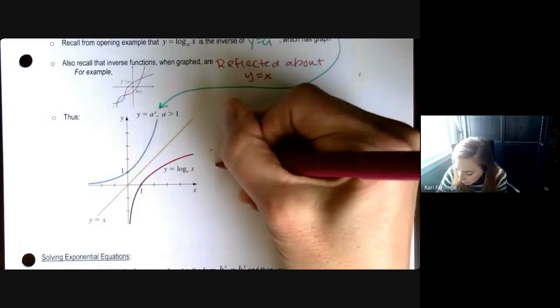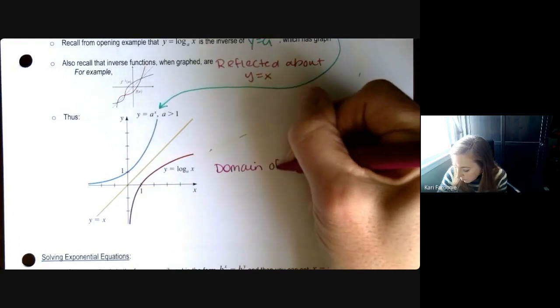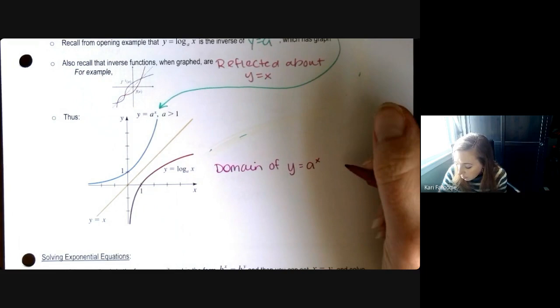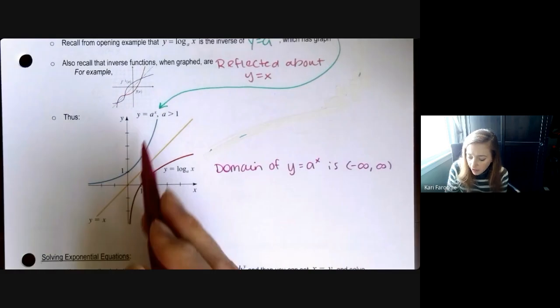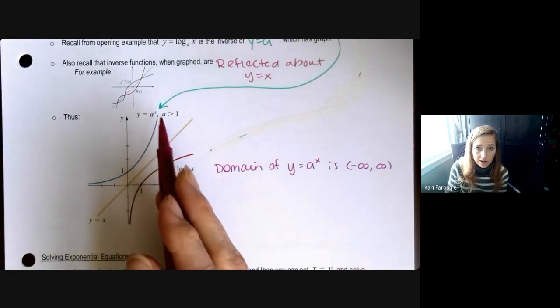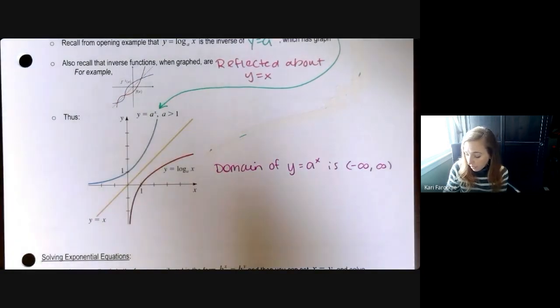Domain of y equals a to the x is all real numbers. I can evaluate this at any value of x I want, and it's going to give me an output. I can take a number to any power I want and get an output back out.